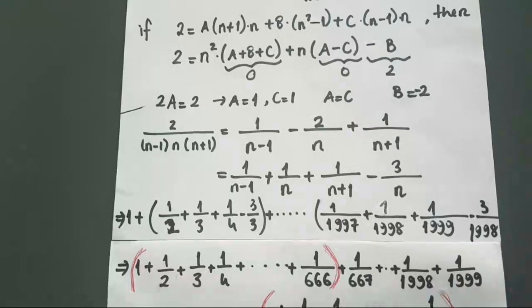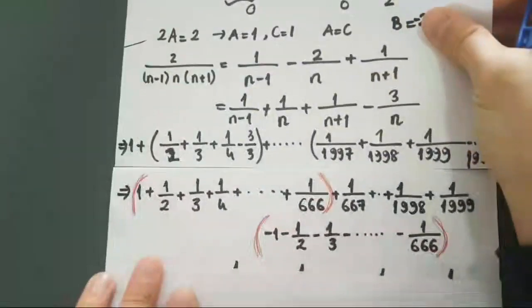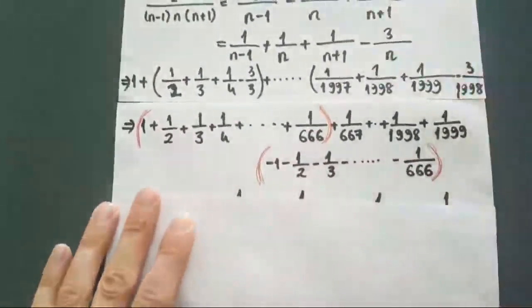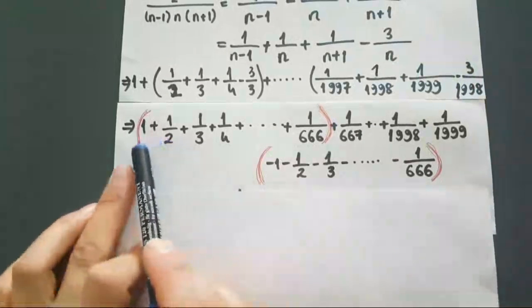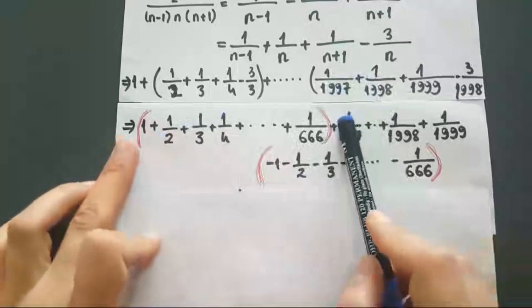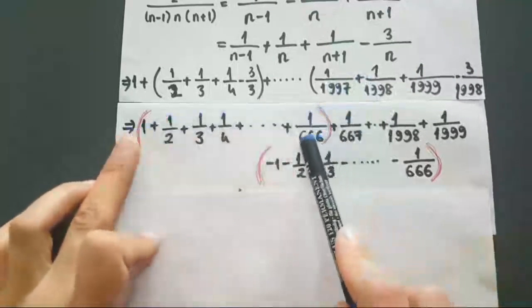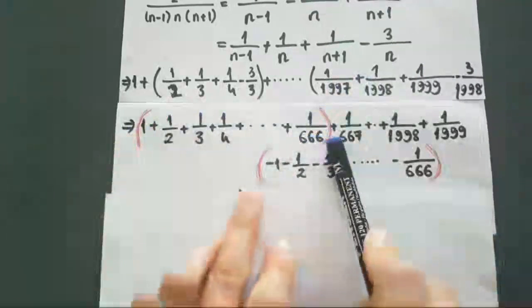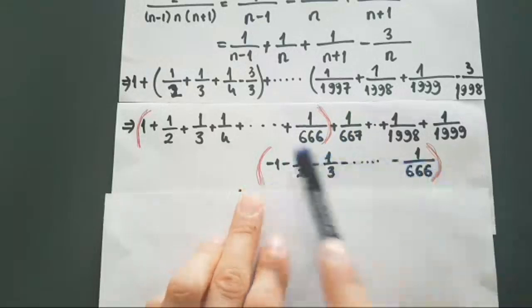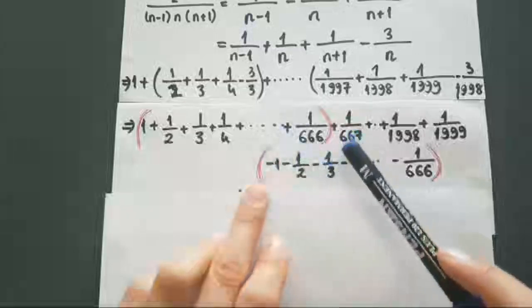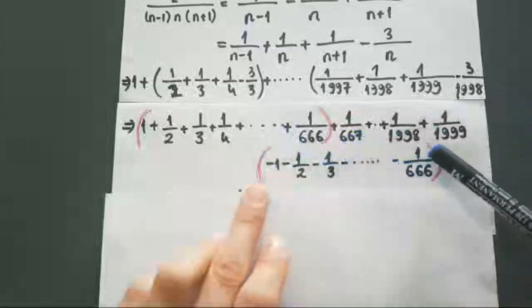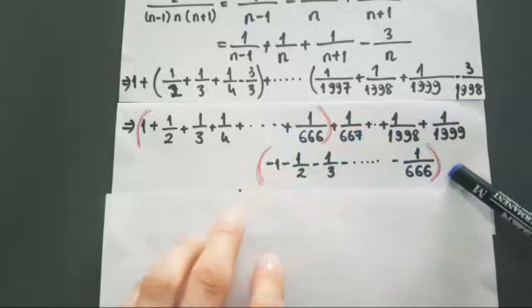So if you see, we have positive and negative terms. When we group the terms from 1 to 1 over 666, you see, they are opposite, right? Minus 1 over 2, minus 1 over 3, and so on, minus 1 over 666.